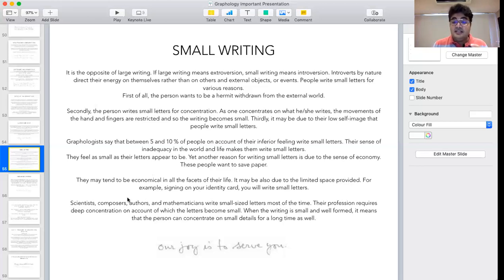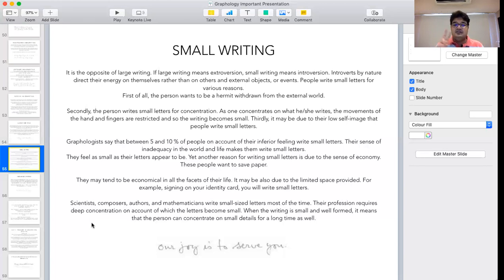So, in the last line over here, if the writing is small and it is well formed, it means that the person can concentrate on small details for a long period of time. People who can plan out the minute details extremely well to the last minute would have small writing.